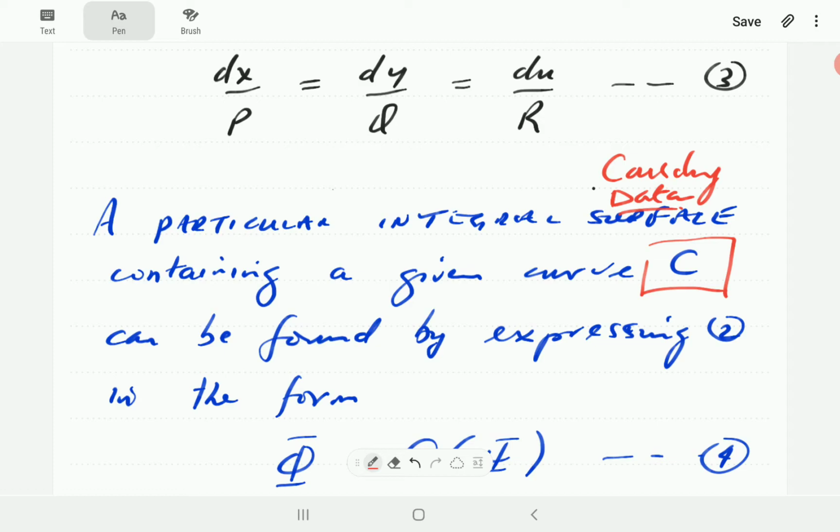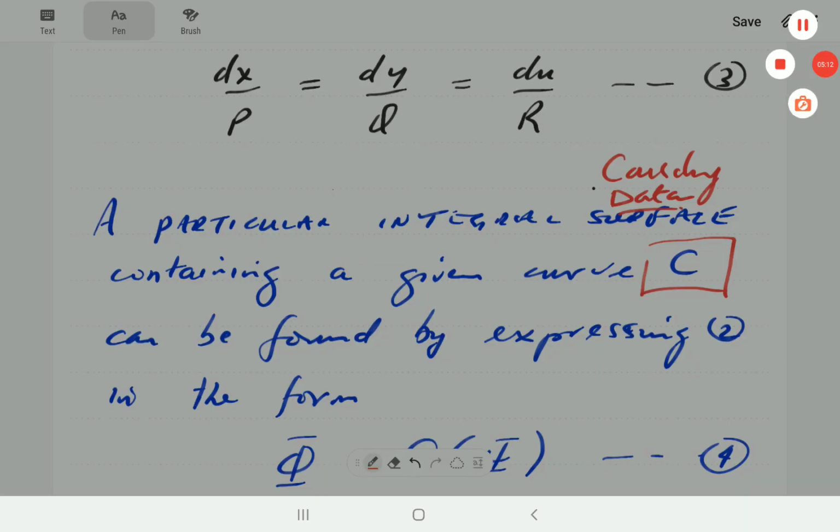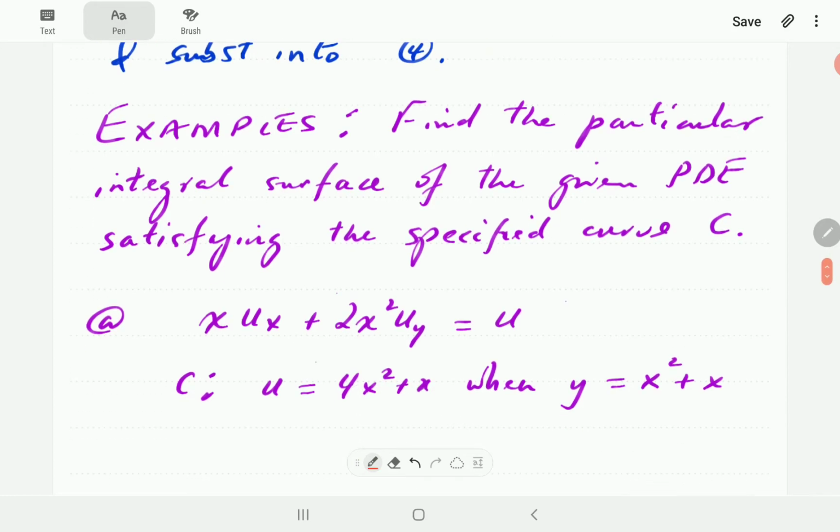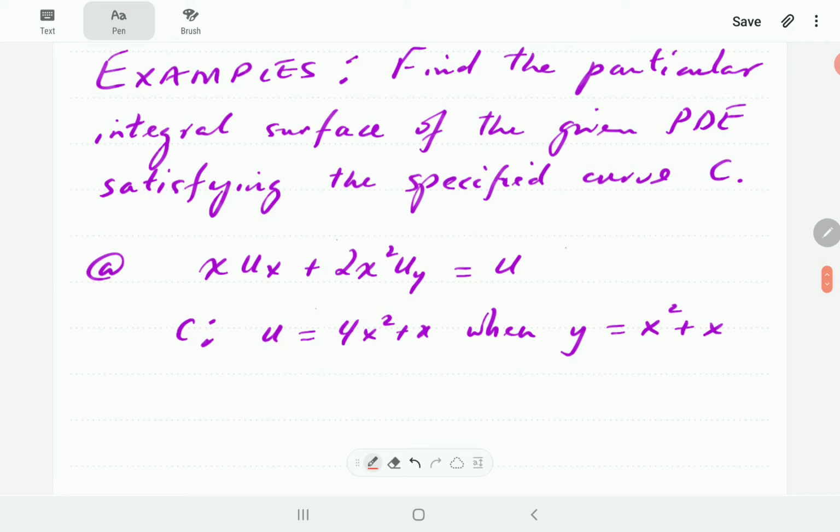Let's look at a few examples. All right, so in these examples, we're going to be looking for the particular integral surface of the given PDE satisfying the specified curve C. In example A, we have x u_x plus 2x squared u_y equal to u.